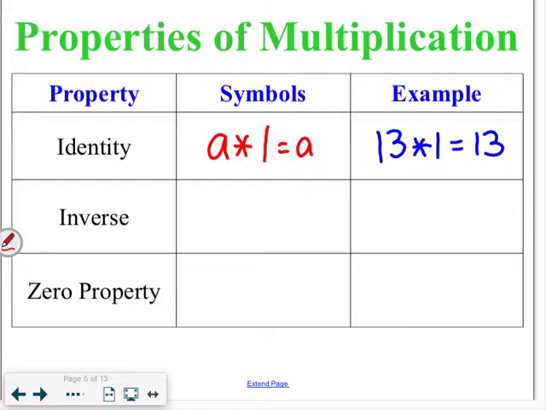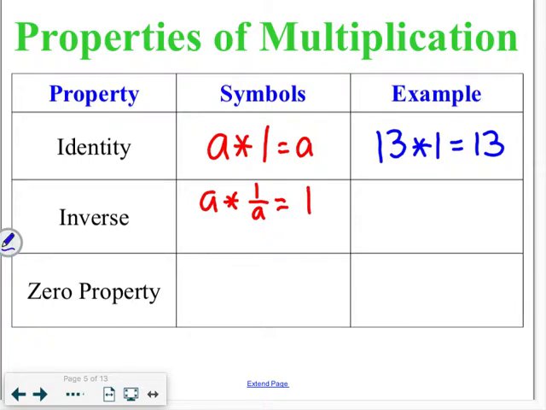The inverse of multiplication, much like the inverse of addition, is going to give us the opposite operation. So for example, if I have a number times 1 over itself, it's going to give me that identity back of 1.